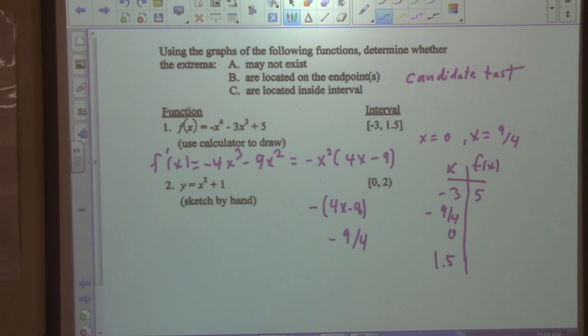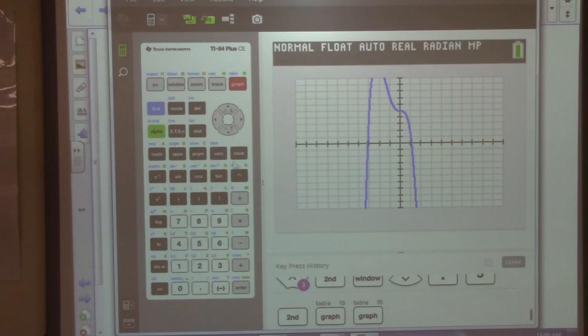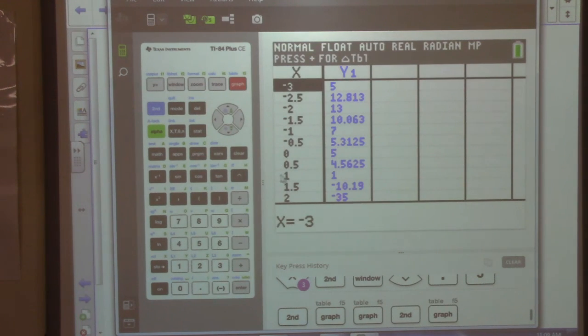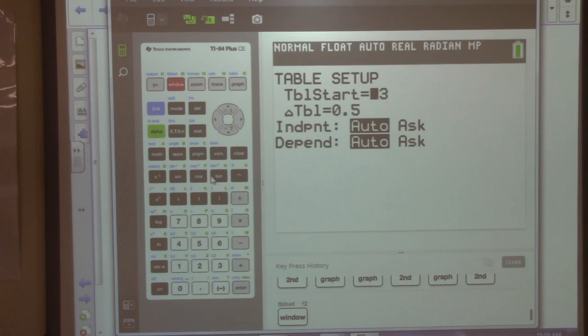Okay, let's look at this again. So we have negative 10.19. We have 5, and negative 9/4. Let's go ahead and find that. I'm going to go to 0.25.